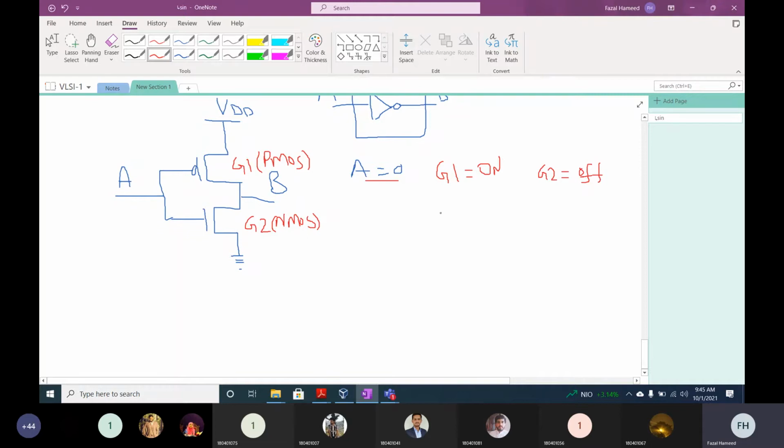G1 is on, so it means that VDD is now connected with B, and the ground is isolated.